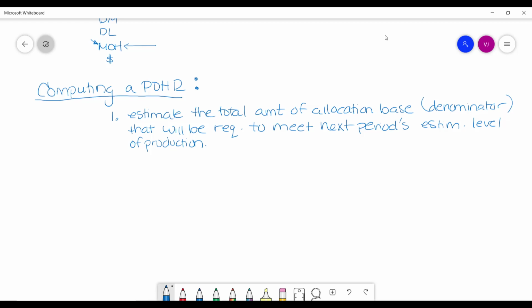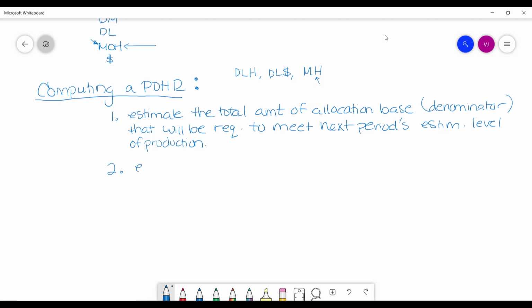First we want to figure out whether we're using direct labor hours, direct labor dollars, or machine hours. Let's say we chose machine hours. Then we want to estimate how many machine hours we'll need to complete all the work for all the jobs in the period to come. That's what we want to estimate first.